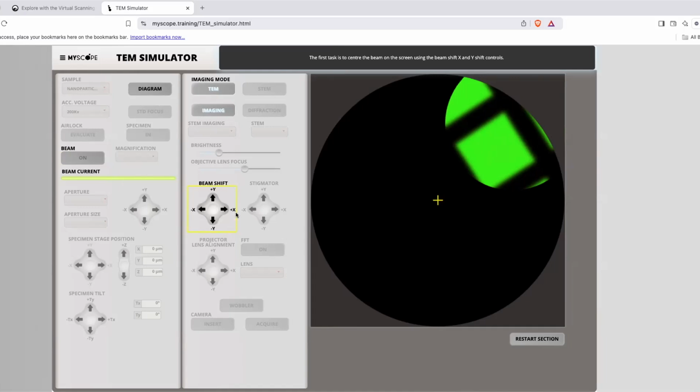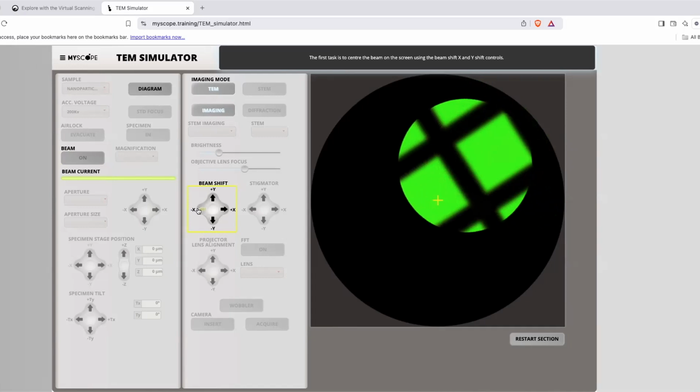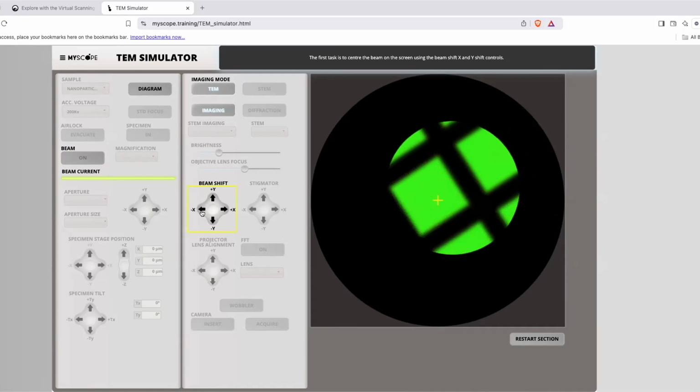Now here there is a highlight which is called beam shift. That means you have to bring this beam very close to it. Are you following? Yes. Great. So now you can bring it very close, and it has to be centered.